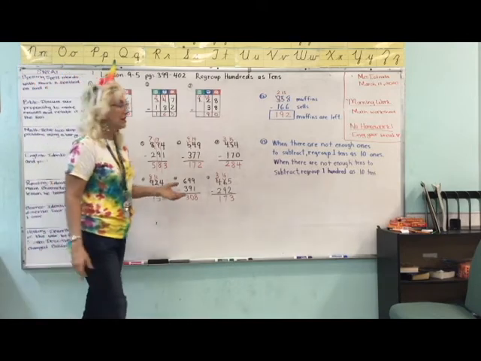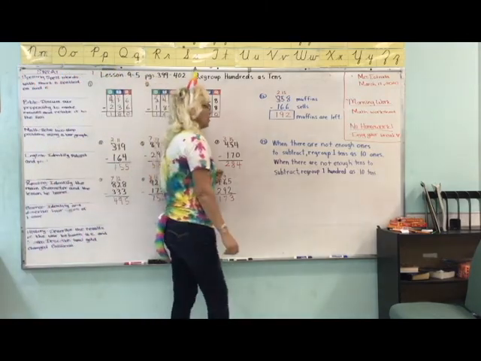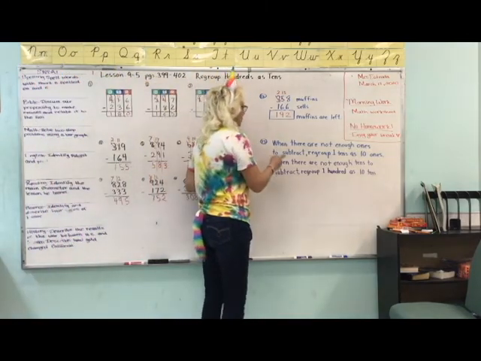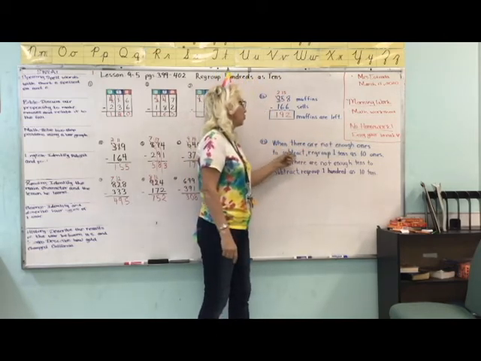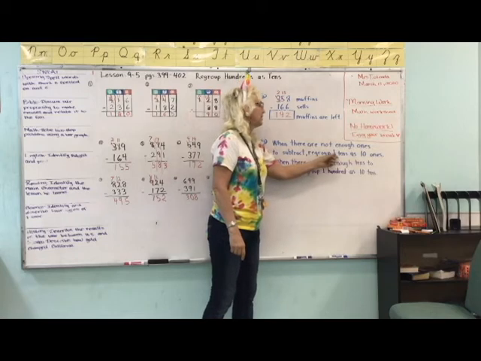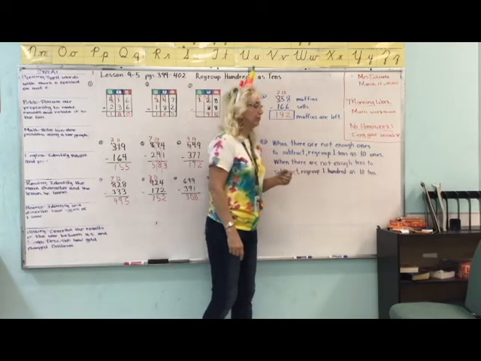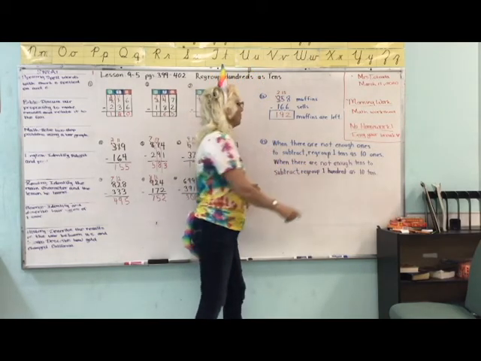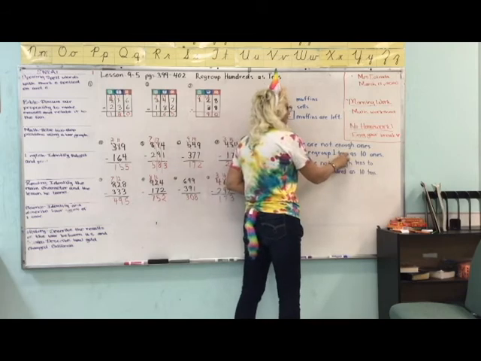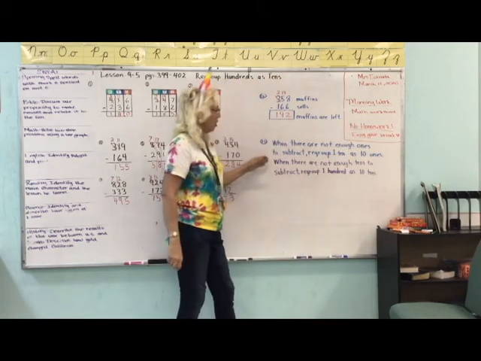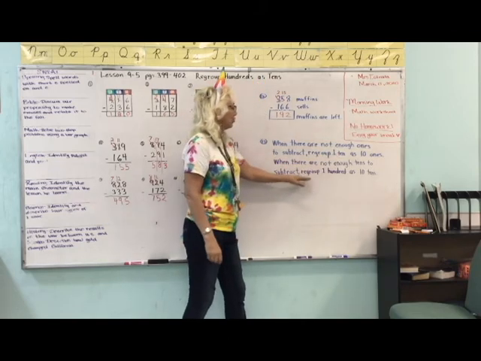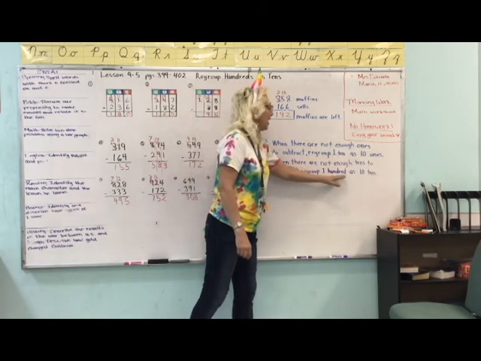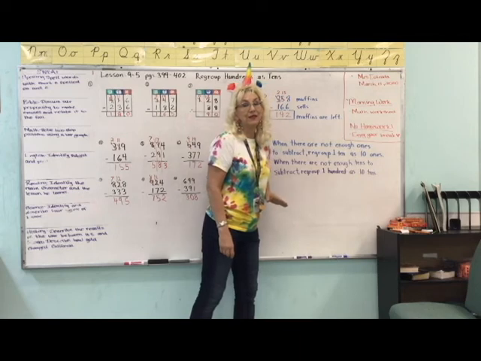We just talked about it with the tens, but now we're going to talk about it with the tens and the hundreds. When there are not enough ones to subtract, regroup 1 ten as ones. When there are not enough tens to subtract, regroup 100 as 10 tens.